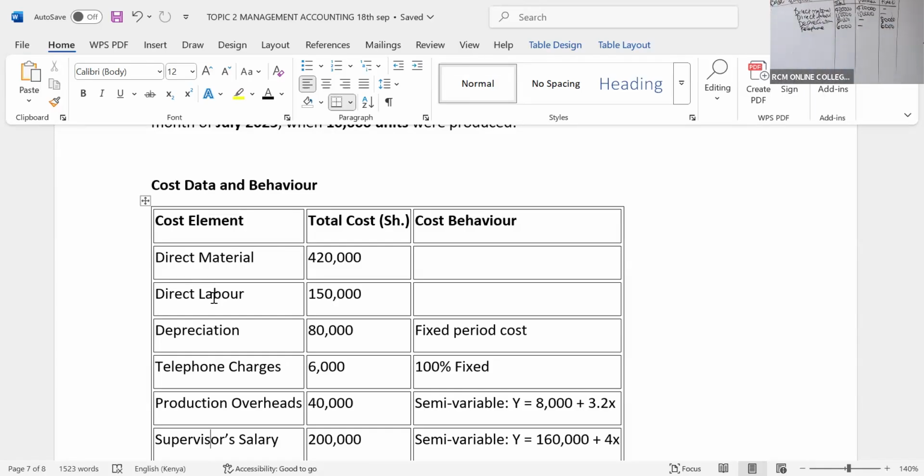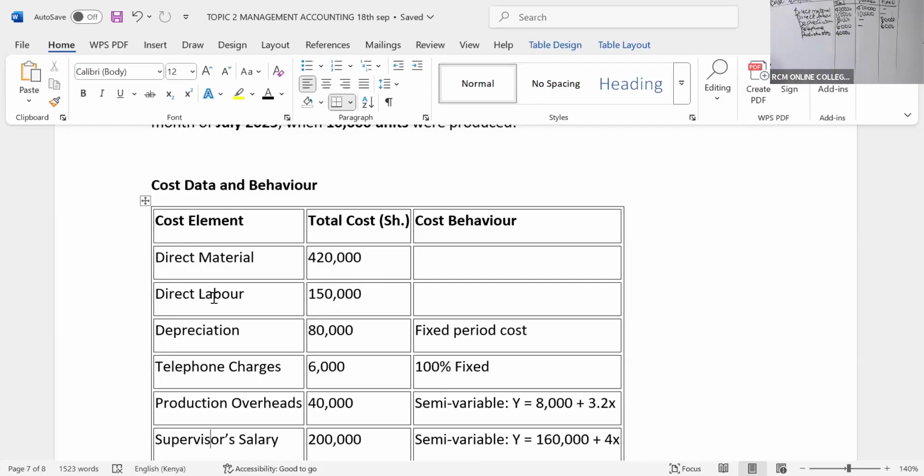Is that okay? Then we go to production overheads. So production overheads, they have given us a figure of 40,000, isn't it?